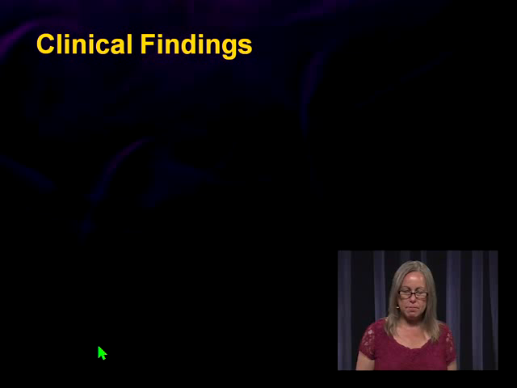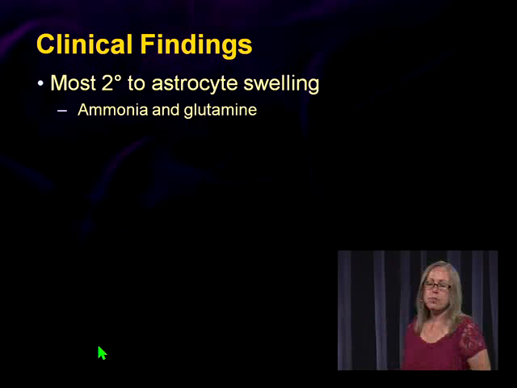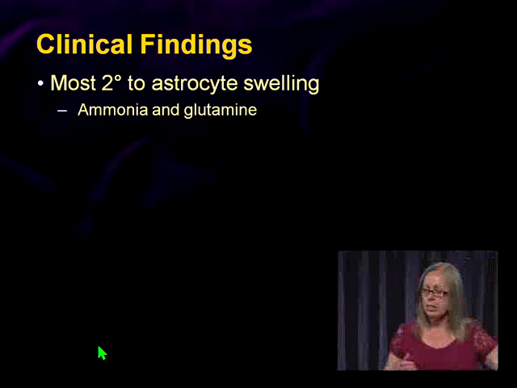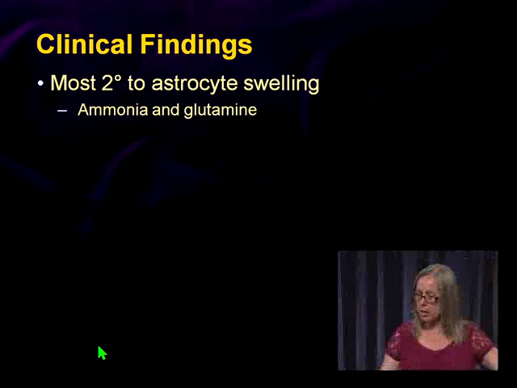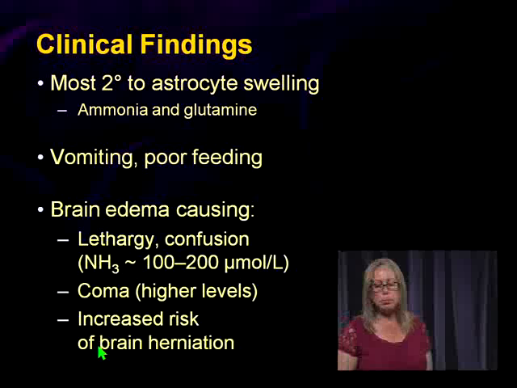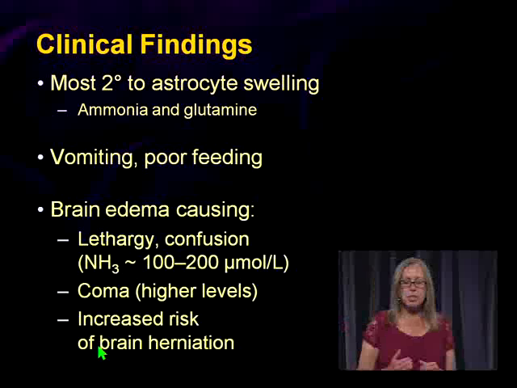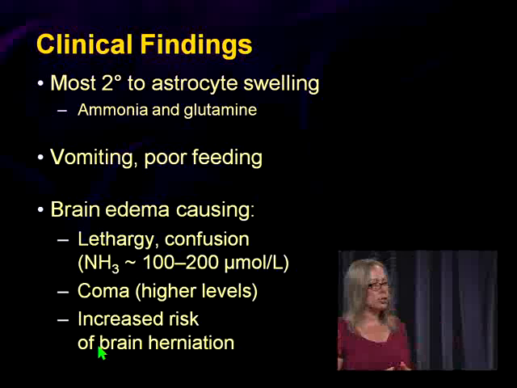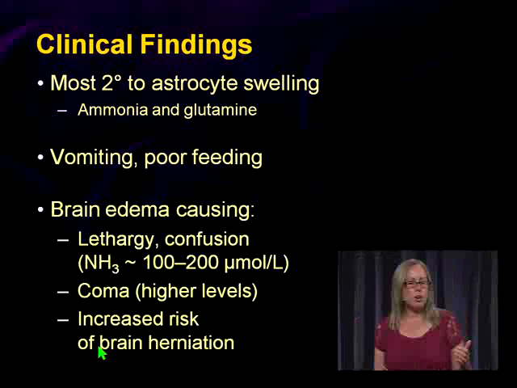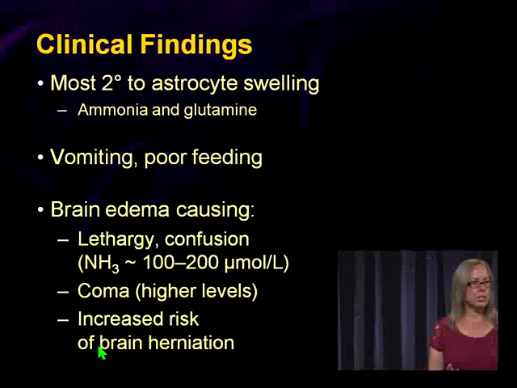So the clinical findings for urea cycle defects are usually due to astrocyte swelling, and that's due to an increase in ammonia and glutamine. It'll give you vomiting and poor feeding and brain edema. You usually don't start seeing lethargy and confusion until your ammonia gets above 100. We often get phone calls about the ammonia level is 45.